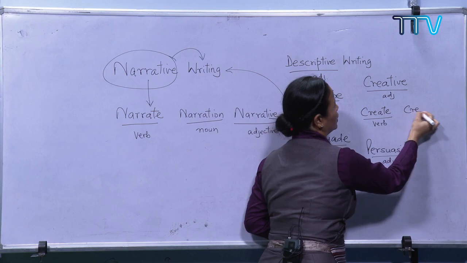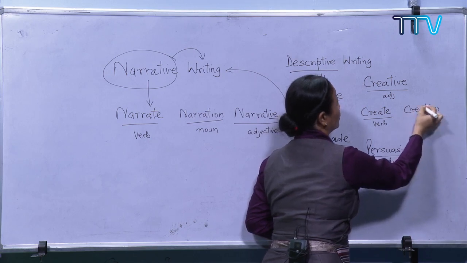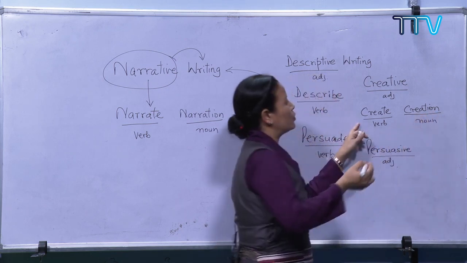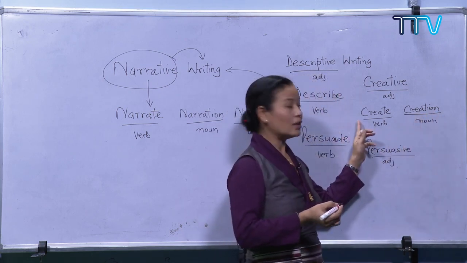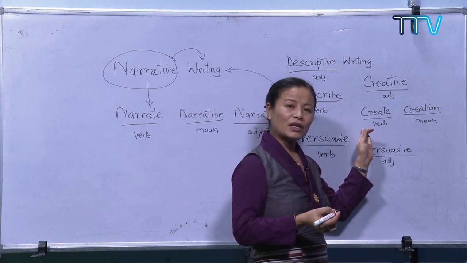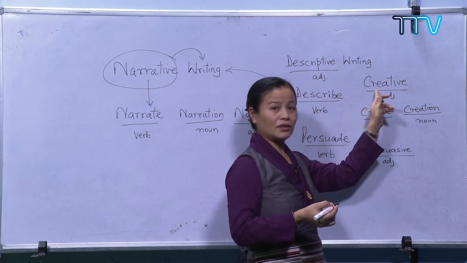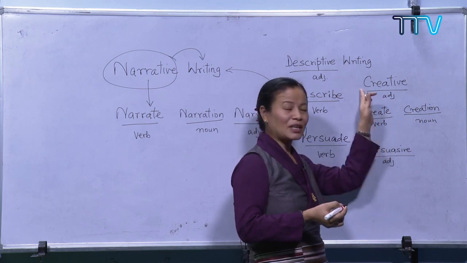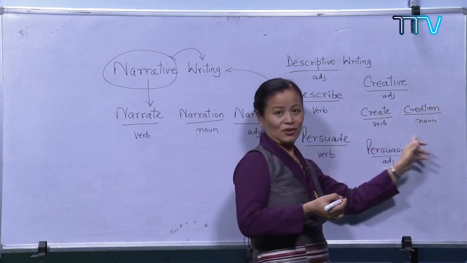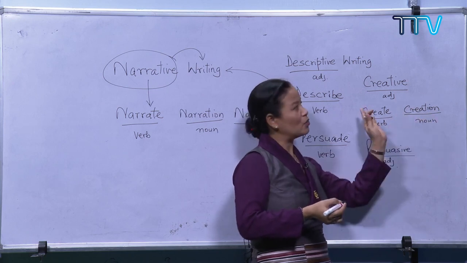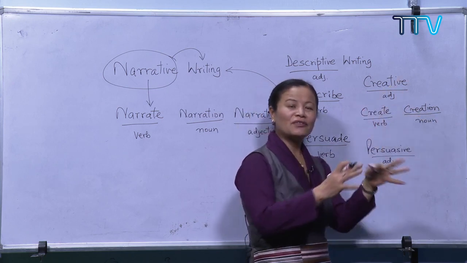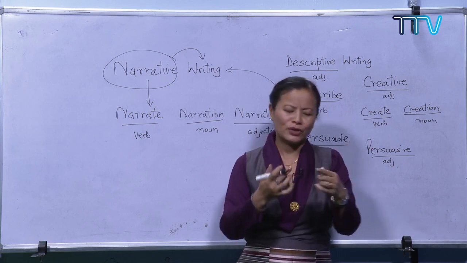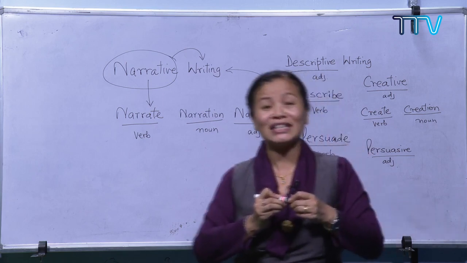And the noun form is creation. When you create something, this is a verb. When you are creating something, you are being creative. And the result of this act of creating something is your creation. What you get is the creation. So what sort of writing is this? Creative writing, in which you create. It has a lot to do with your imagination. You are creating something.